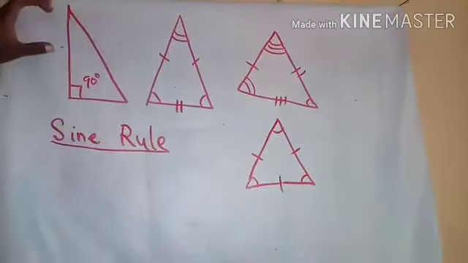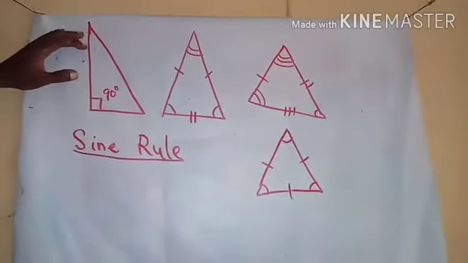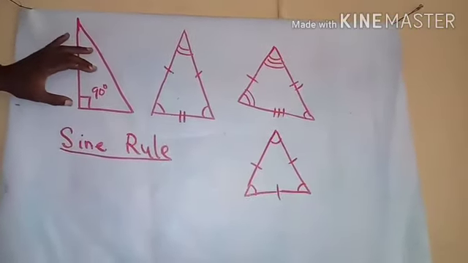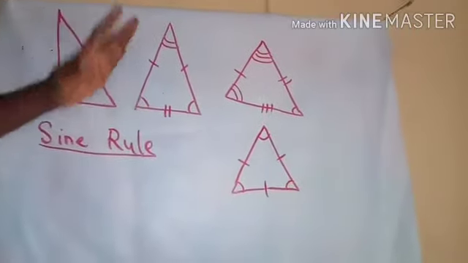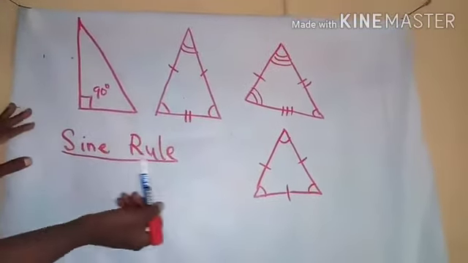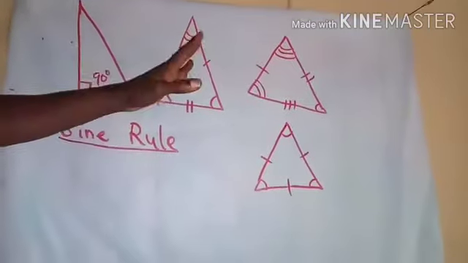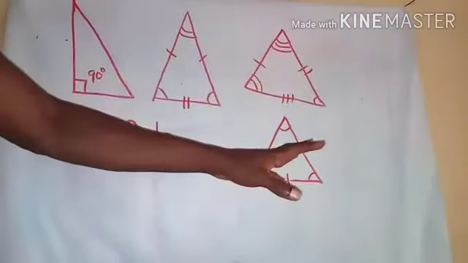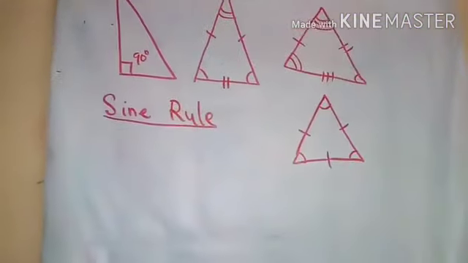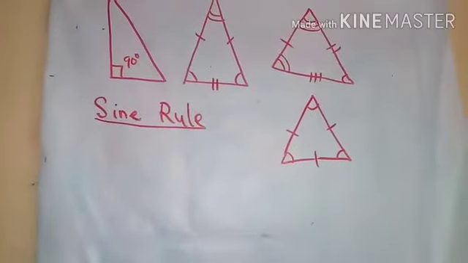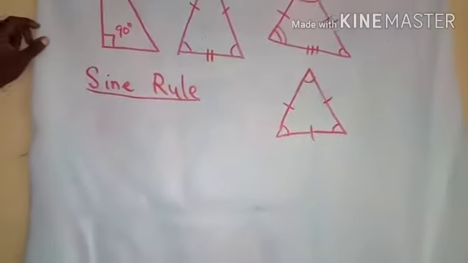If we can use Pythagoras theorem to solve right angle triangle, then we can use sine rule to solve isosceles, scalene, and equilateral triangle. What is sine rule?